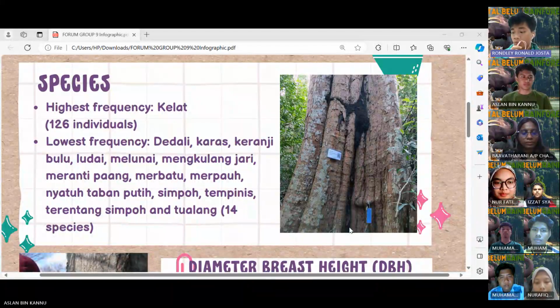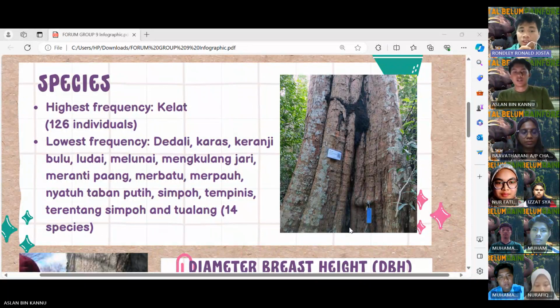However, from the data, the lowest frequency number of species in total that count 1 is Dedali, Karas, Geranji, Bulu, Ludai Melunai, Mengkulai Jari, Meranti Paang, Merbatu, Merpau, Nyatu Taban Putih, Simpo, Tempinis, Terentang Simpo, and Tualang, which is overall a total of 14 species.